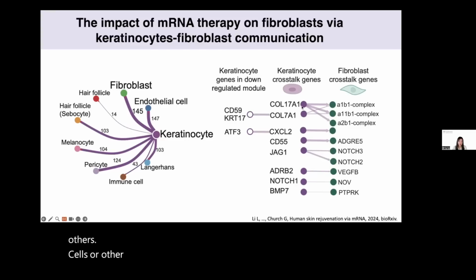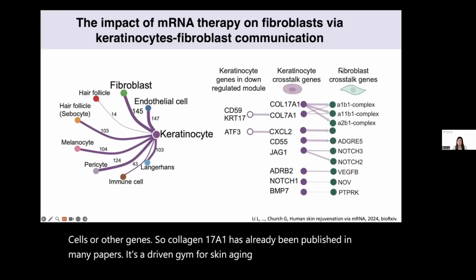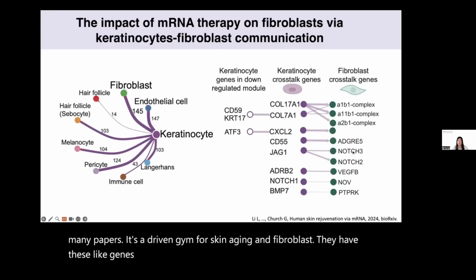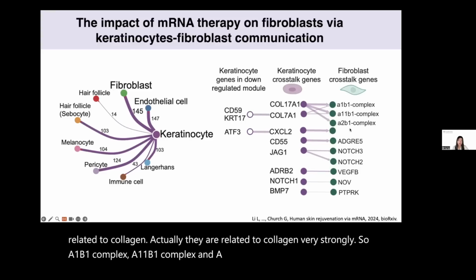So collagen 17A1 has already been published in many papers. It's a driver gene for skin aging. And fibroblasts, they have these genes. Once we look at that, you might think, no, it's not related to collagen. Actually they are related to collagen very strongly. So A1B1 complex, A11B1 complex, and A2B1 complex. All of these complexes are the collagen integrins.